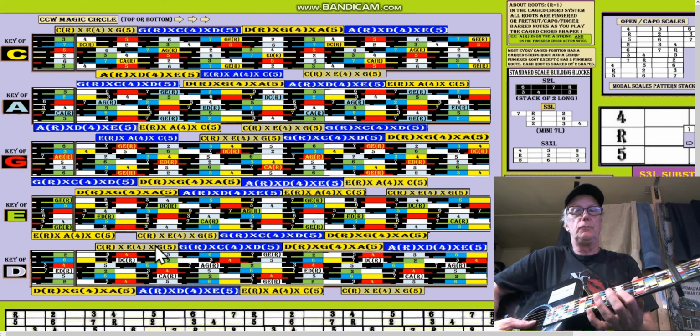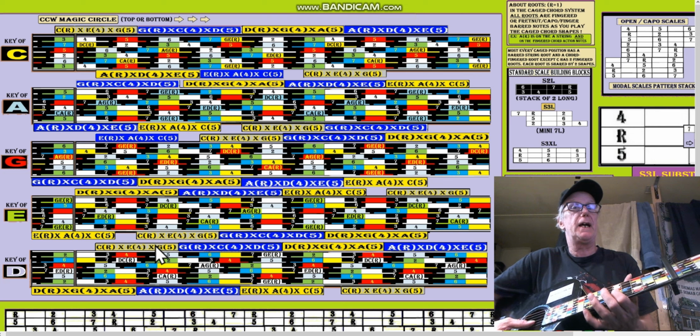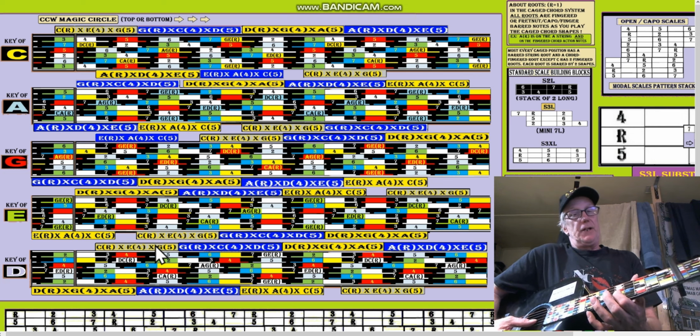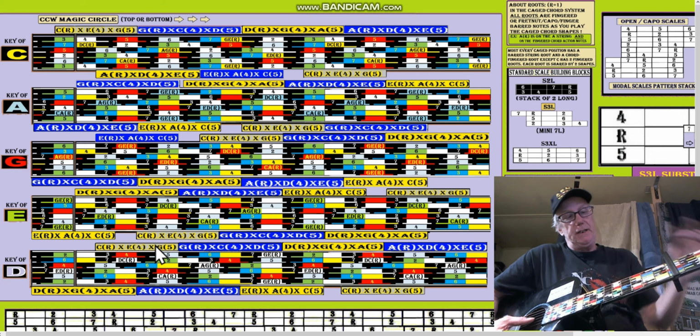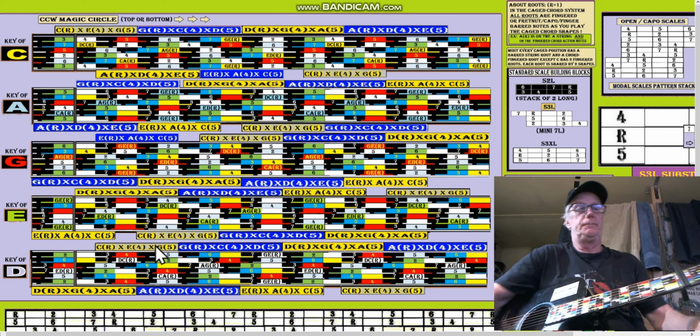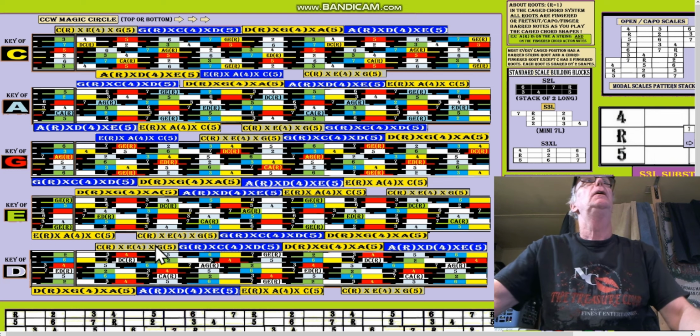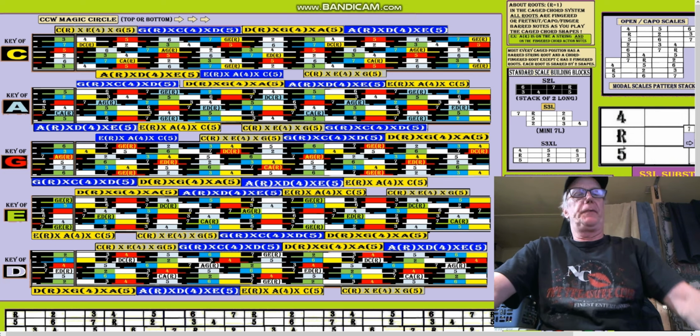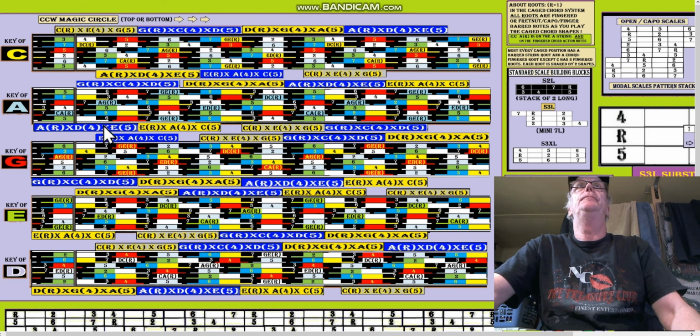Is that root on the G string now? It's not playing a G, but it's the G string. Okay, so let's look at the chart. We were talking about the G, but let's talk about the C first.